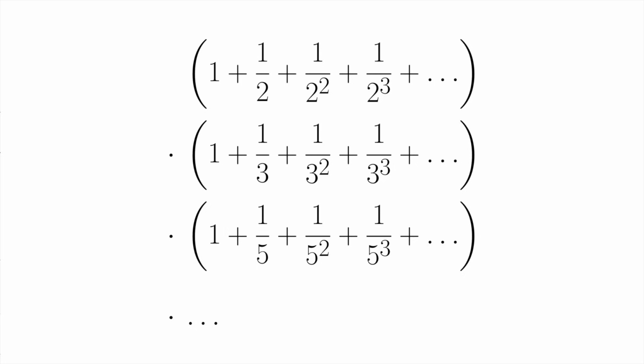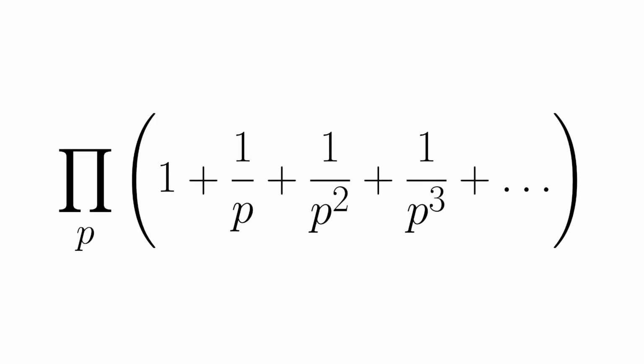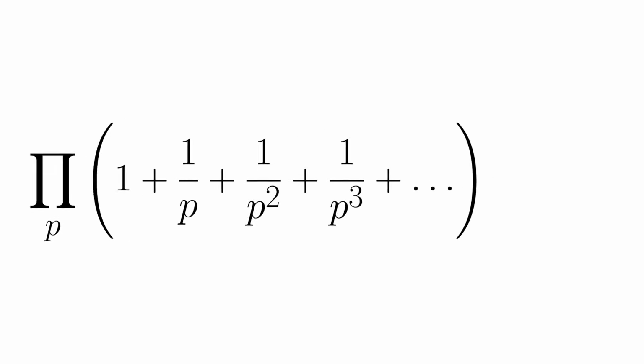That is to say, you'll get every positive integer exactly once. And so, what we're saying is, if you multiply this product of these infinite sums, one for each prime, you get exactly this series sum across all positive integers of 1 over n.